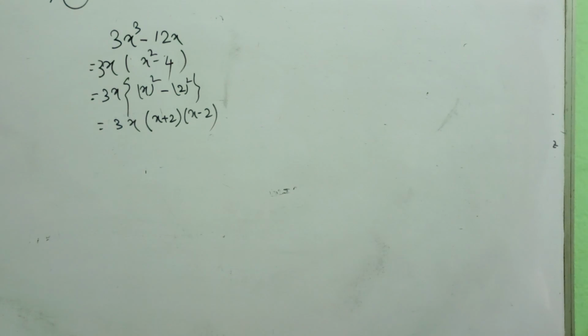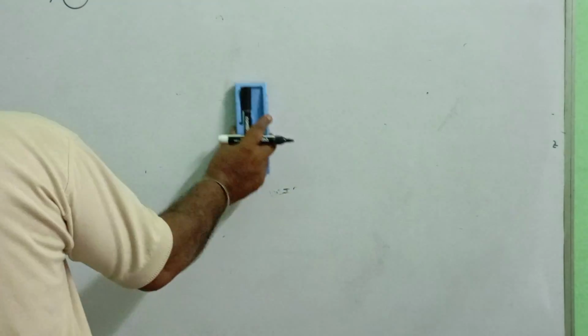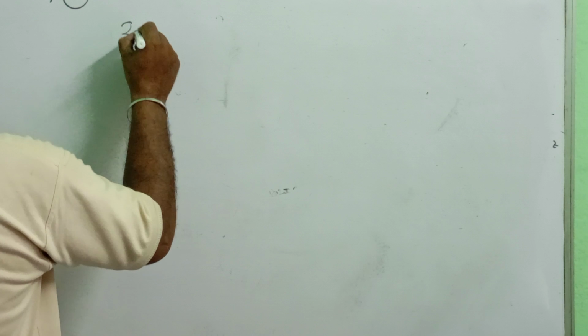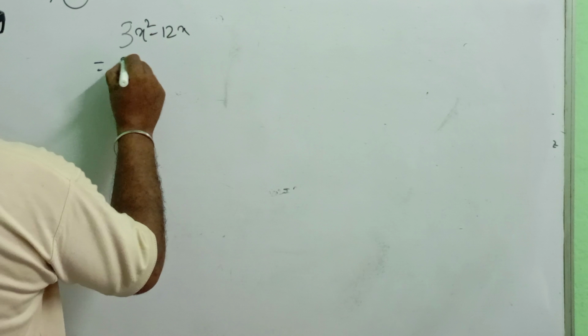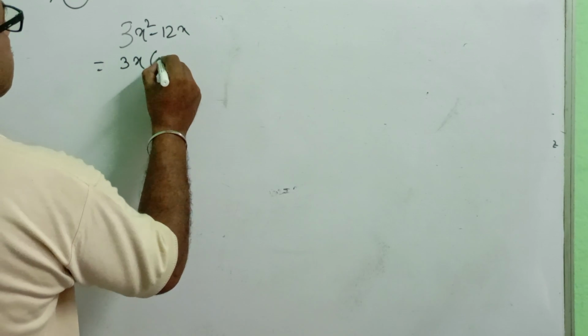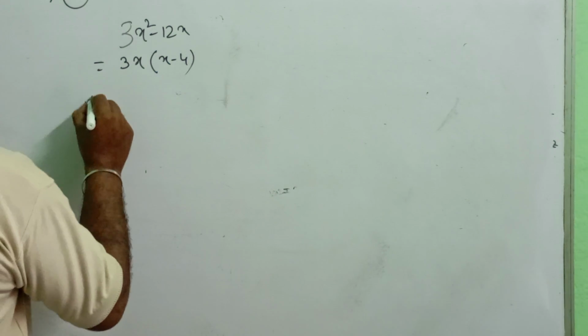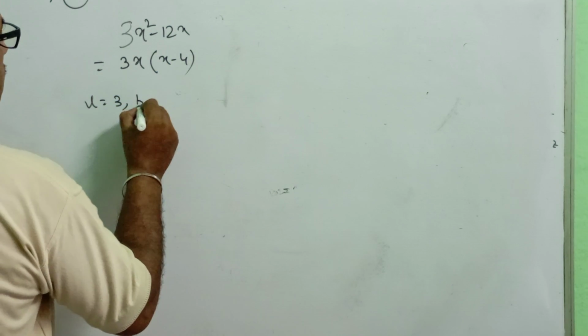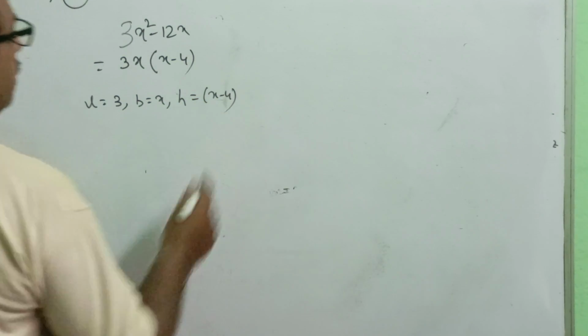No, sorry, by mistake. They have given the equation 3x square minus 12x. Then we take 3x common, that is x minus 4. So length may be 3x and height may be x minus 4.